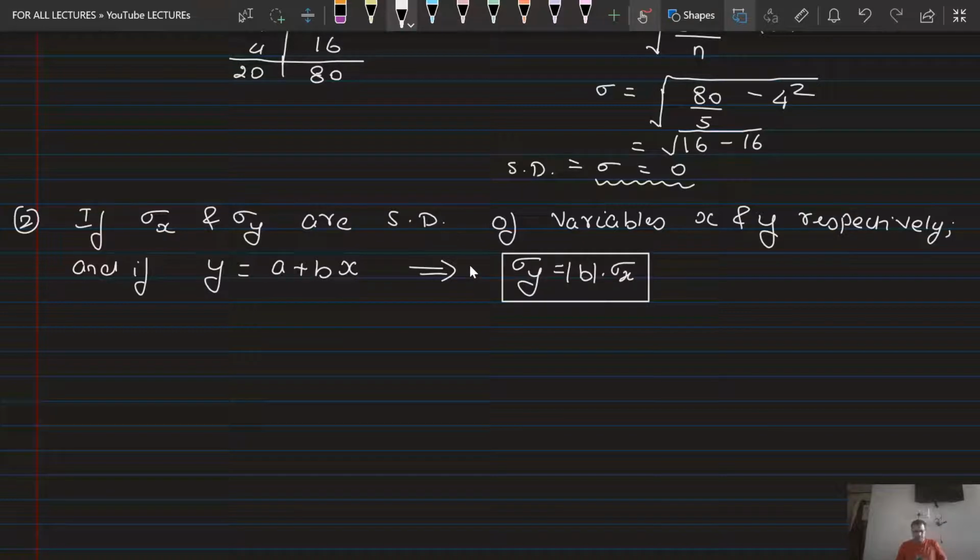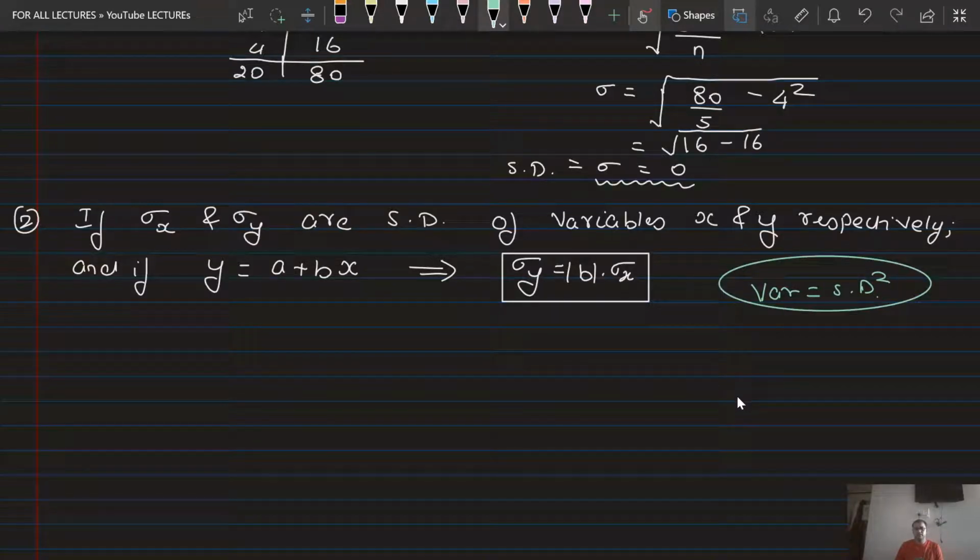Okay. So the same property can be extended for the variance. So now how do we extend that? Just now we had seen that variance is nothing but standard deviation square.